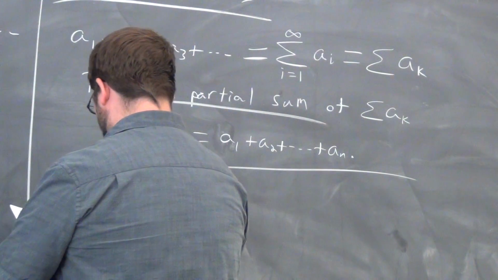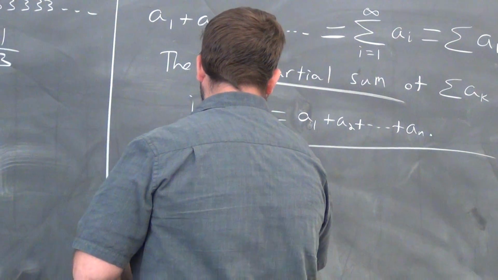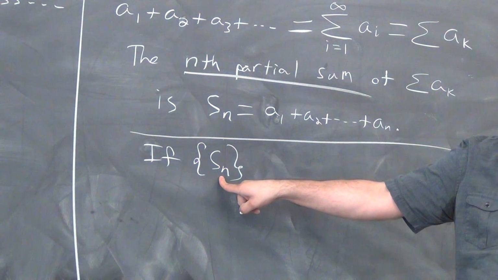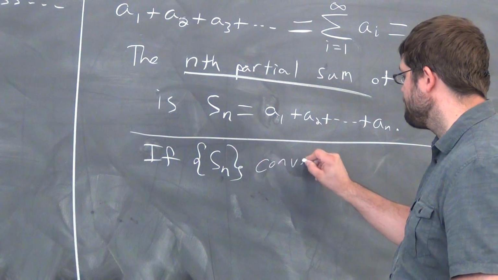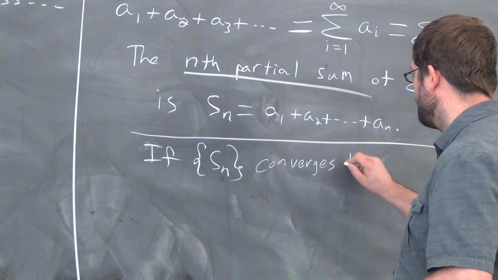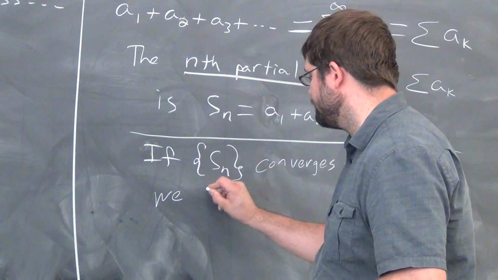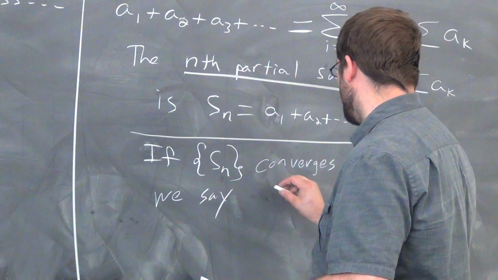So I'll write it this way. Now this is a sequence of those partial sums. If this sequence converges to S, then we say, what did we say?